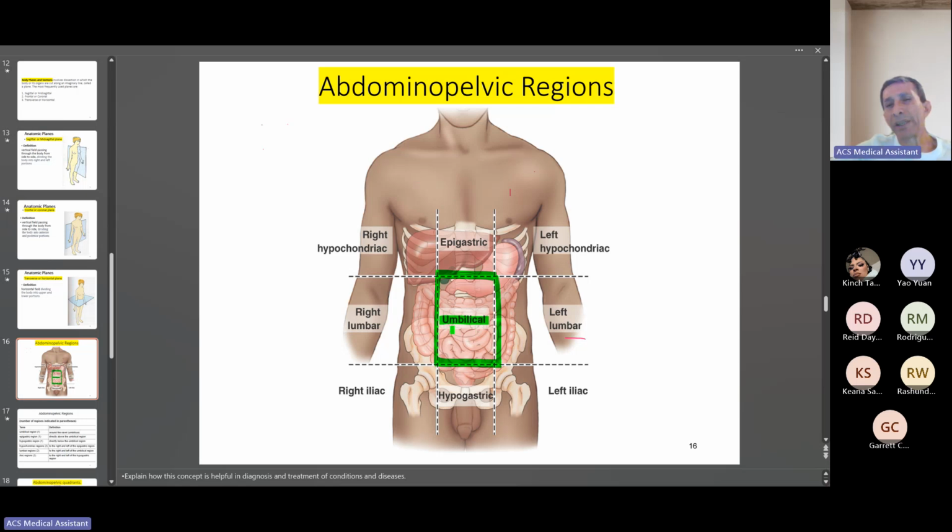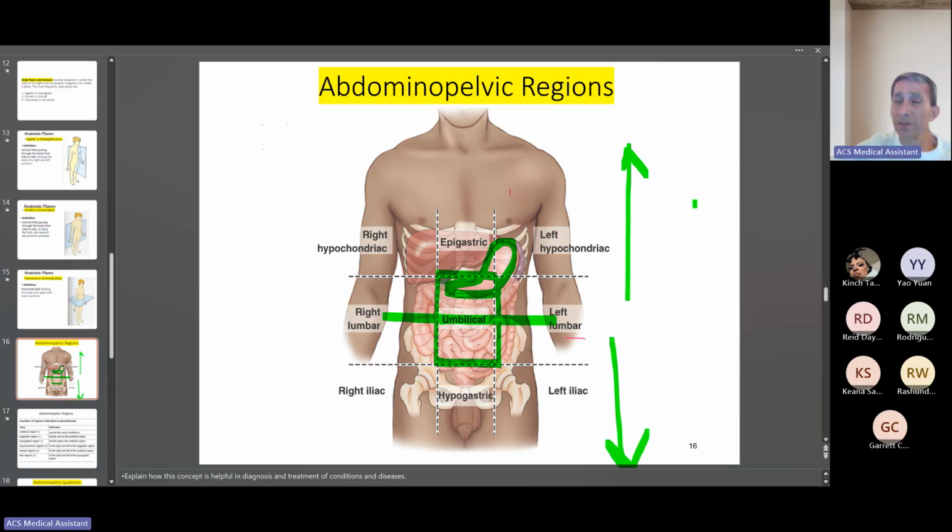What do we find right here in the umbilical region? We're going to find the intestines and part of the stomach. If you see right here, this is the stomach. Umbilical means the belly, the umbilicus, and the umbilicus is right there in the middle. This divides the body in the middle part, so we're going to have superior and inferior. For that reason, we use the umbilical.